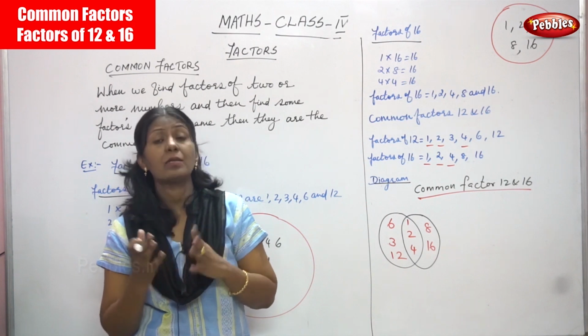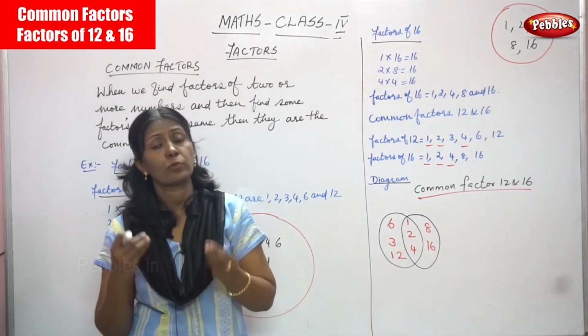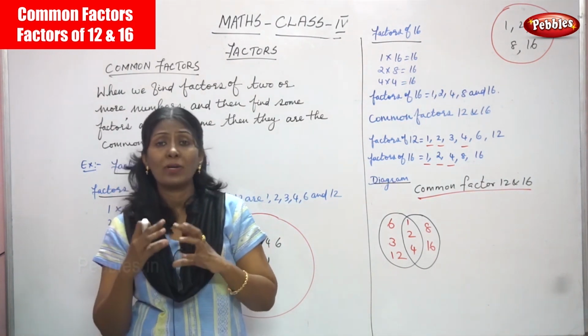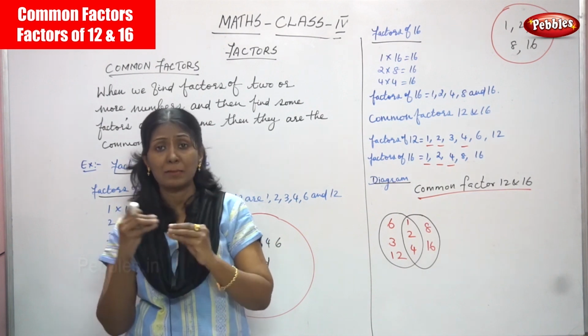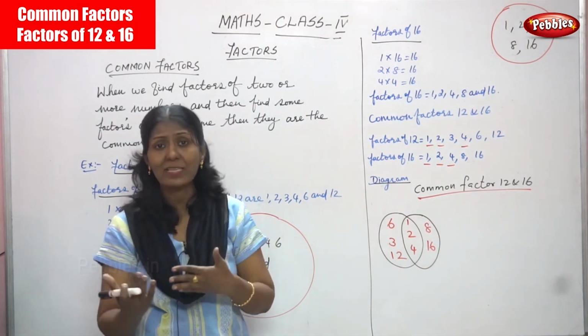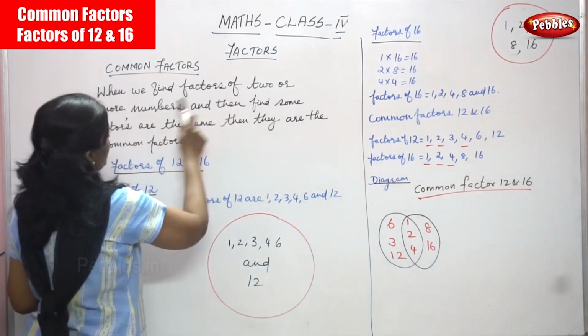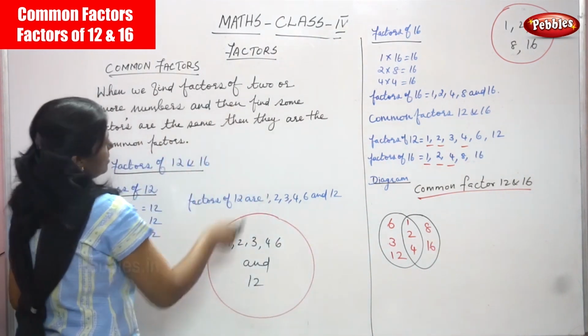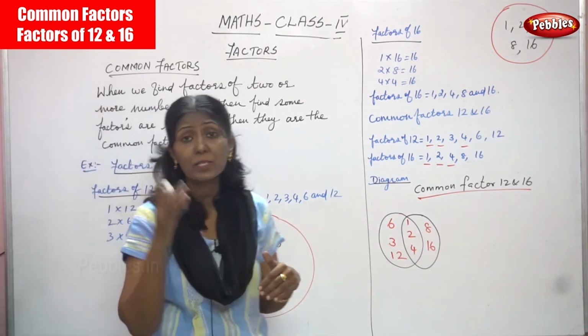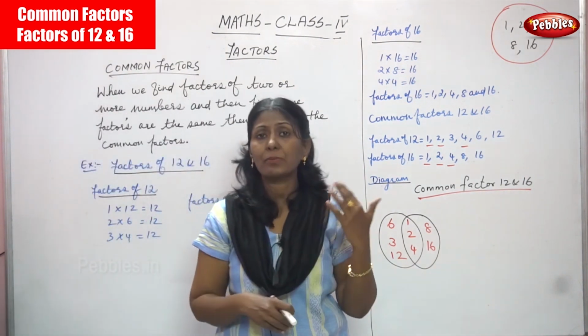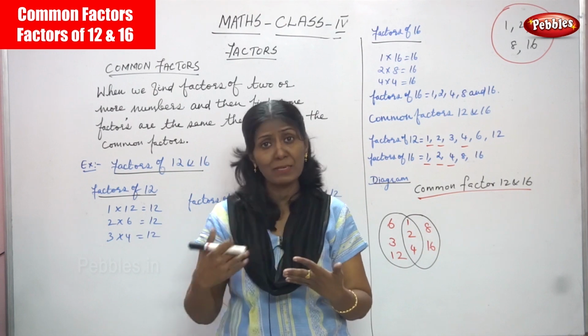I'll repeat once again. While you take the factors of two or more numbers, only some factors, not some numbers, are the same. For example, 12, 16 and 18, three numbers are taken.